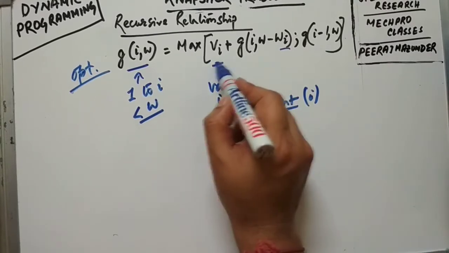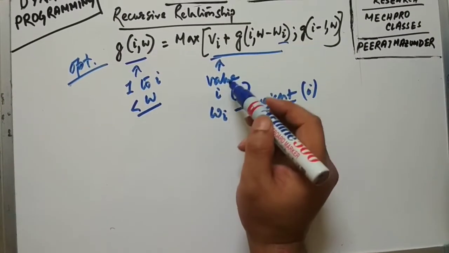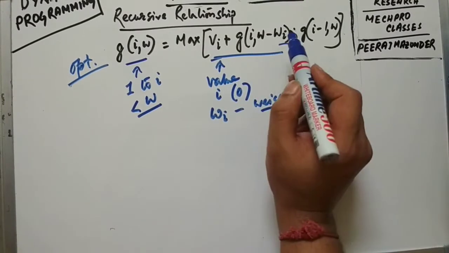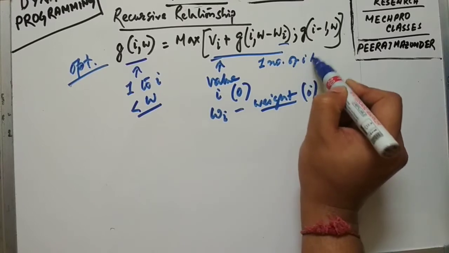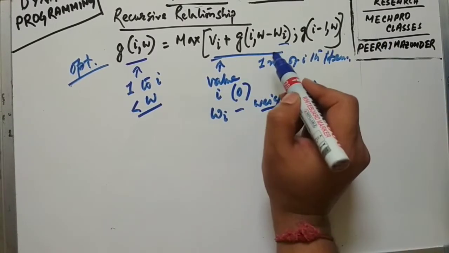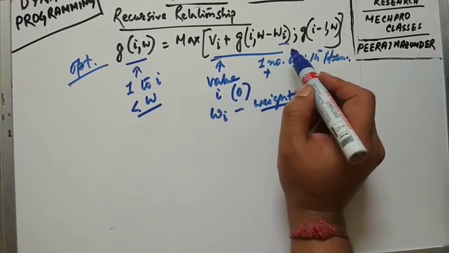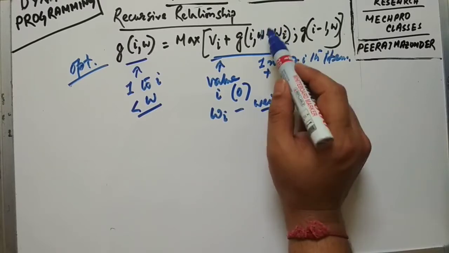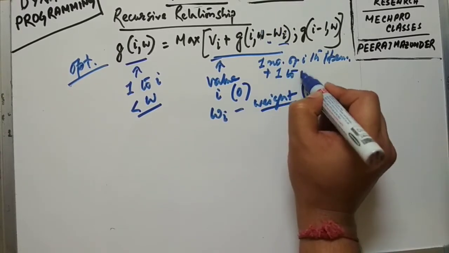And vi plus g(i, w minus wi) is the value of one number of the ith item plus the optimum combination of weights from 1 to i.